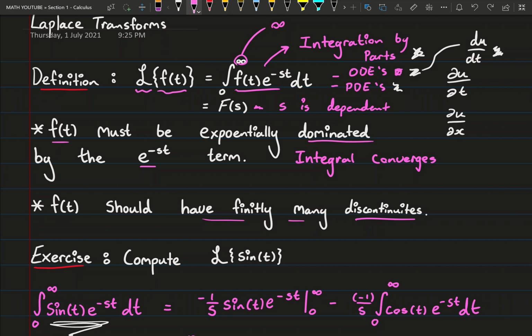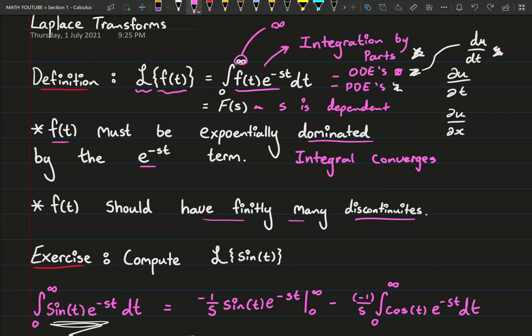It's that simple. f of t also must be exponentially dominated by the e to the minus st term. If it is not, and f of t is some bigger exponential function, then we have a problem. That would allow our integral to diverge, and therefore we can't get a finite solution to the Laplace transform.